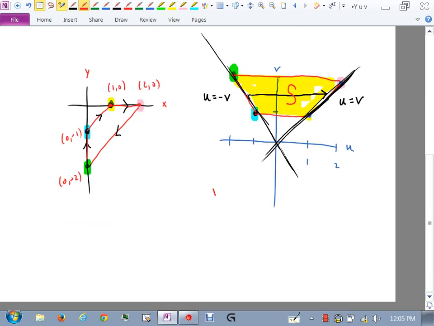Our v is between what two constants? We're talking about the height, right? This was 1, and then this was 2 up here. So my v is between 1 and 2, and then my u variable is between negative v and positive v, right?